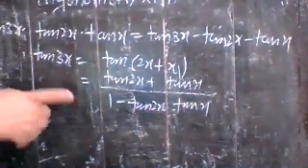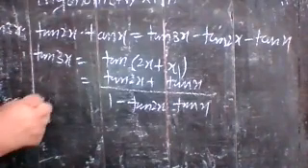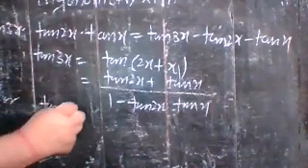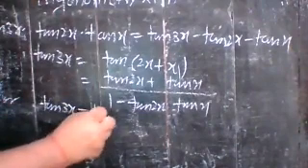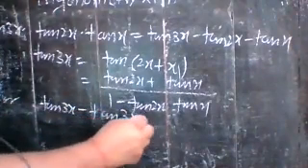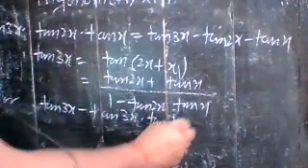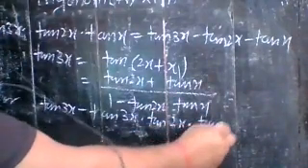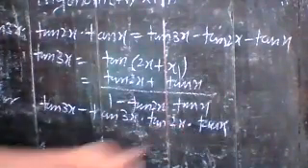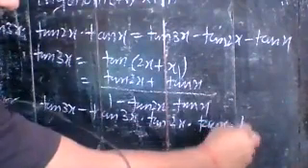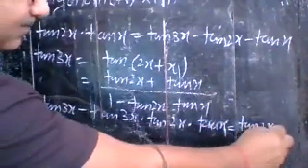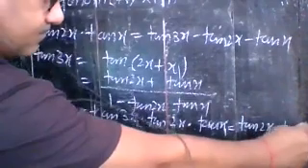Now taking cross multiplication, you can write tan 3x minus tan 3x into tan 2x into tan x is equal to tan 2x plus tan x.